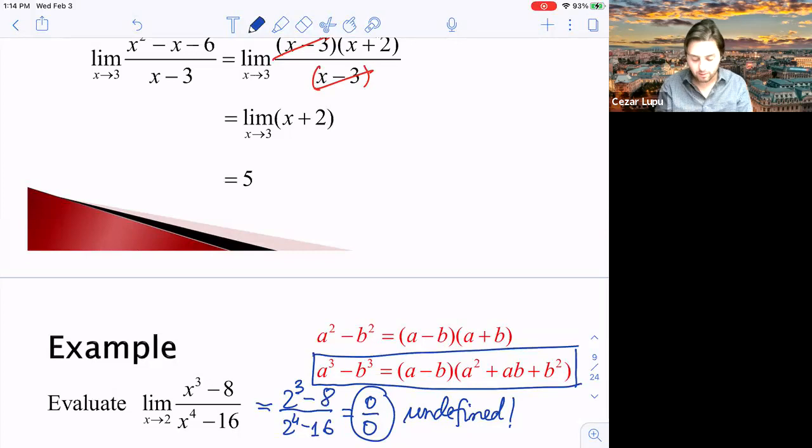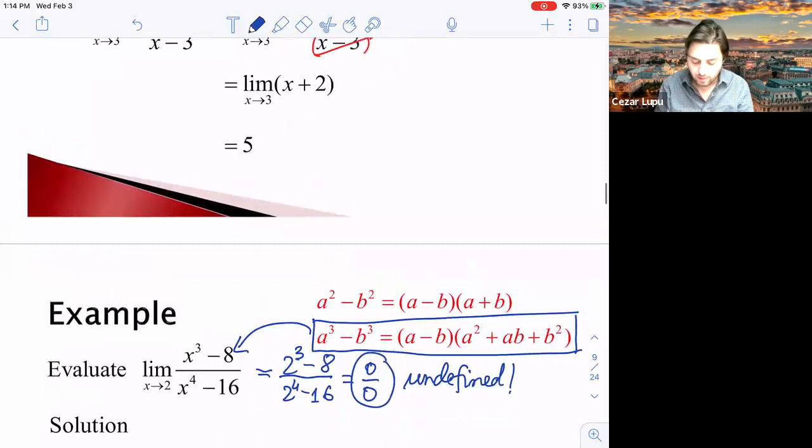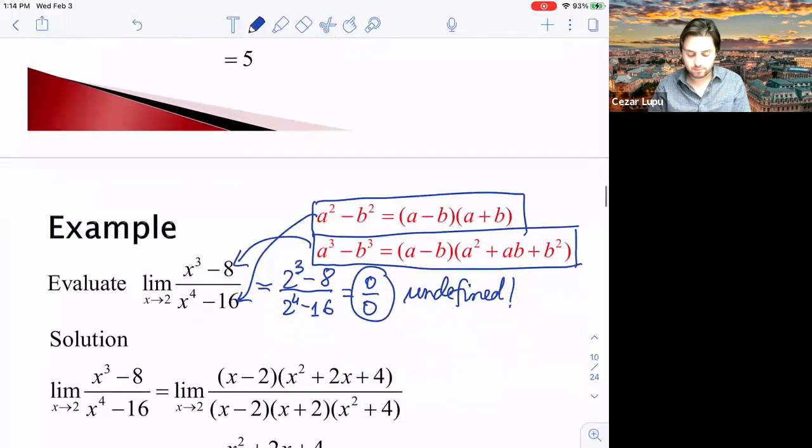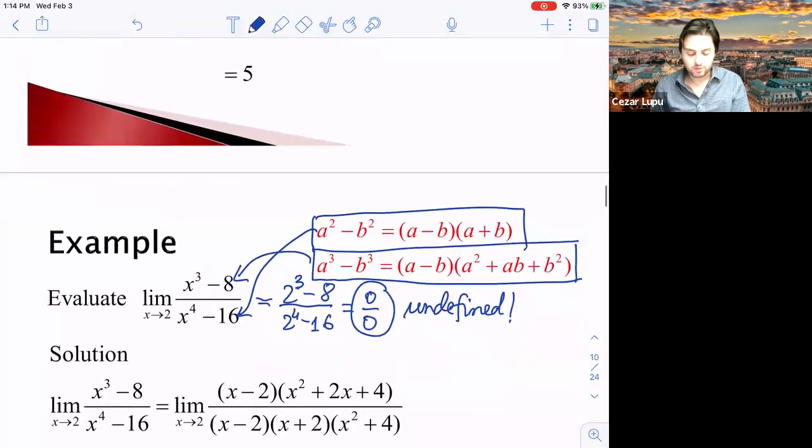I can use this on the top, but also on the bottom I have this other amazing formula. So make sure you remember these formulas. I think you have studied them in college algebra, in pre-calc for sure. Once we know this, the situation will become pretty clear. Just like I said, we use the difference of cubes for the bottom and difference of squares for the top.